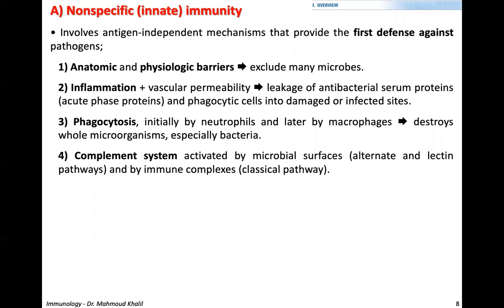By scanning its surface, it can decide which complement pathway can fight this invader, either through the alternate or lectin pathway, or by immune complex through the classical pathway. We'll know these pathways later. All the proteins that contribute in these pathways are called the complement system.